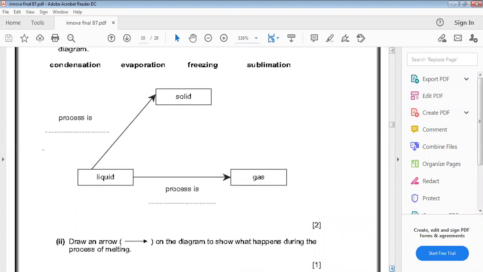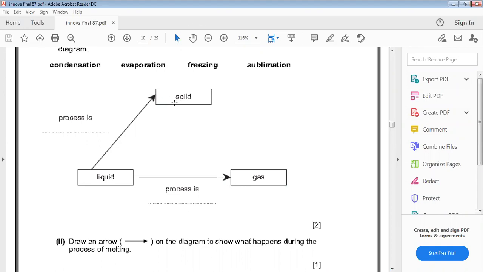Now we have the last question. Draw an arrow on the diagram to show what happens during the process of melting. We're going to draw it. Melting is from what to what?